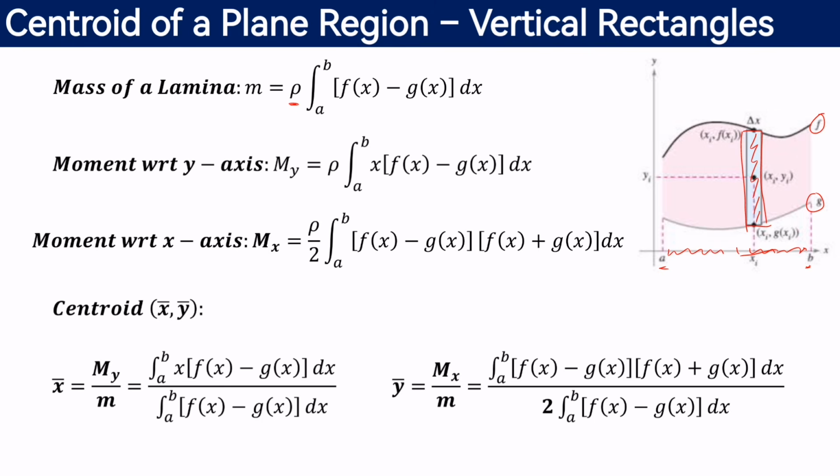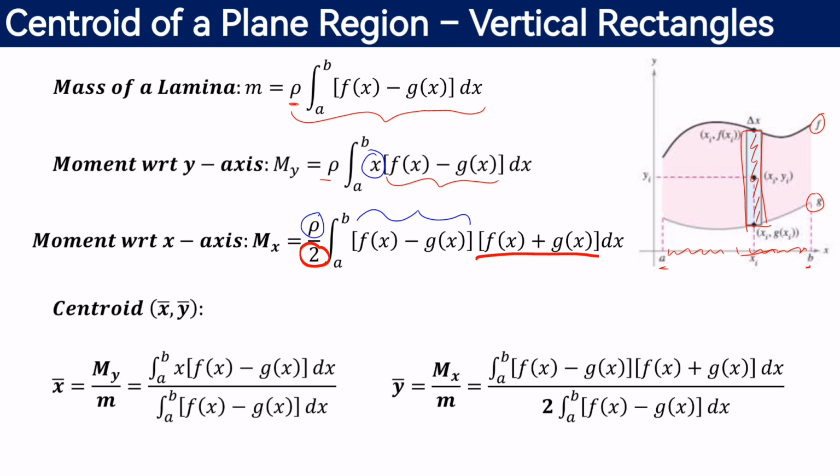Now the moment with respect to y is just the mass of the lamina, so simply this one here, so that's rho integral of f of x minus g of x times the location of the lamina, which is x. The moment with respect to x-axis is given by mass times the location of the lamina with respect to x-axis. So this part here is the mass times the location of the lamina, which is the average, f of x plus g of x over 2.